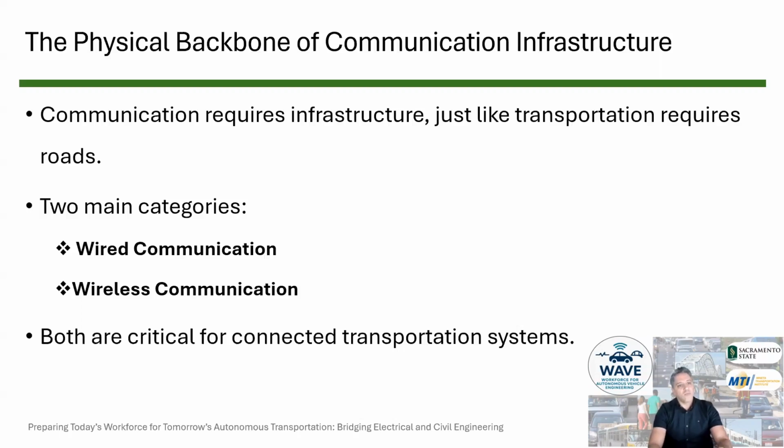We have two main infrastructures for communication. One is what we call the wired medium, or wired communication. The other is the wireless medium, or wireless communication. Both of them are critical for autonomous transportation, for AVs.